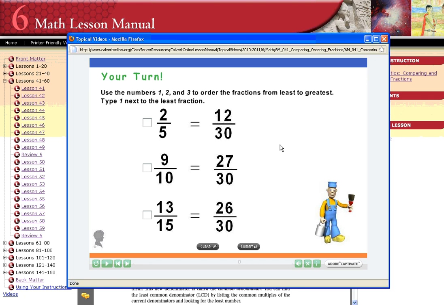Use the numbers 1, 2, and 3 to order the fractions from least to greatest. Type 1 next to the least fraction.